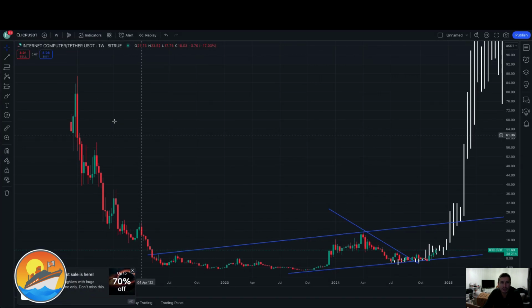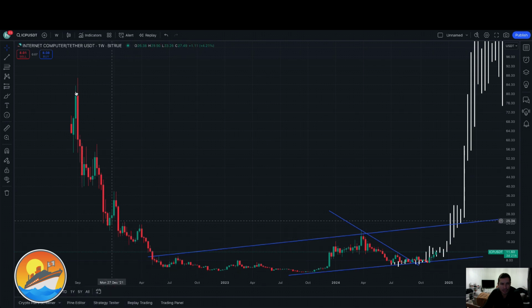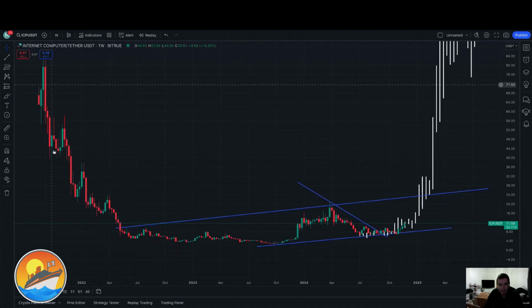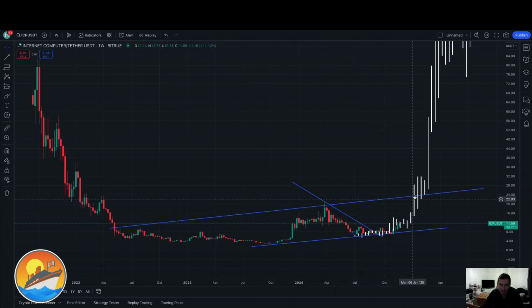We don't have much data because, as I've said, it was launched exactly at the peak of the previous bull cycle, and at that moment we started the bear market, and we've been in downward momentum ever since. But what I'd like to see is to test this resistance line.